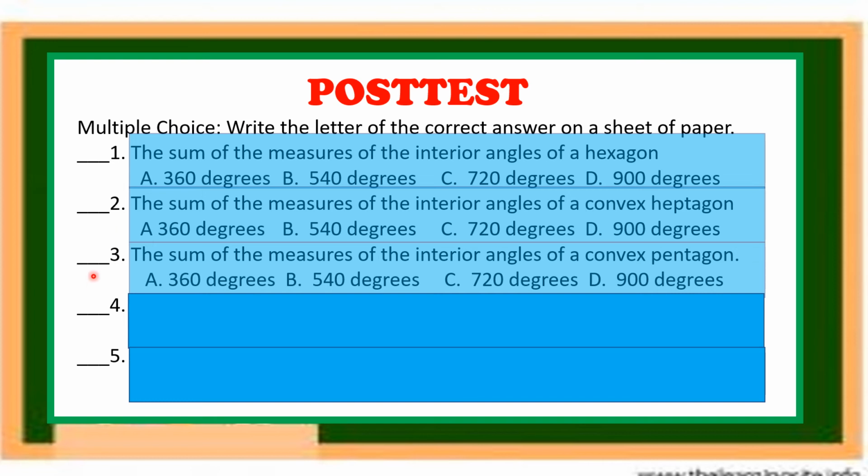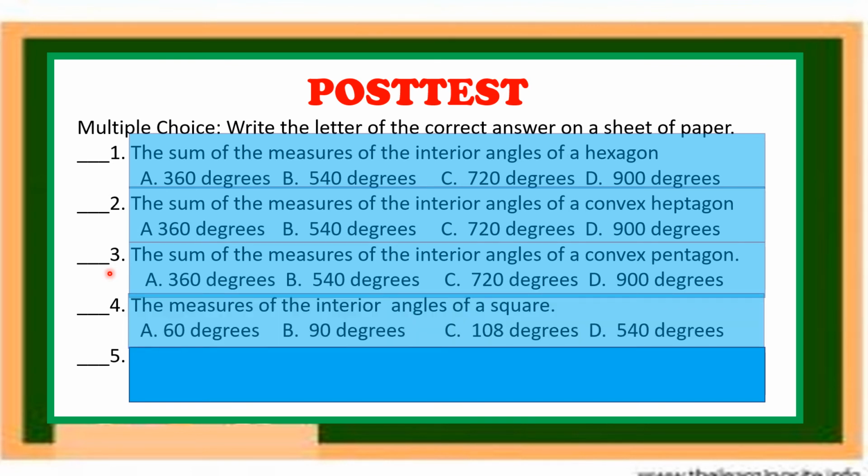Number 3, the sum of the measures of the interior angles of a convex pentagon. Letter A, 360 degrees. Letter B, 540 degrees. Letter C, 720 degrees. Letter D, 900 degrees. Number 4, the measure of the interior angles of a square. Letter A, 60 degrees.